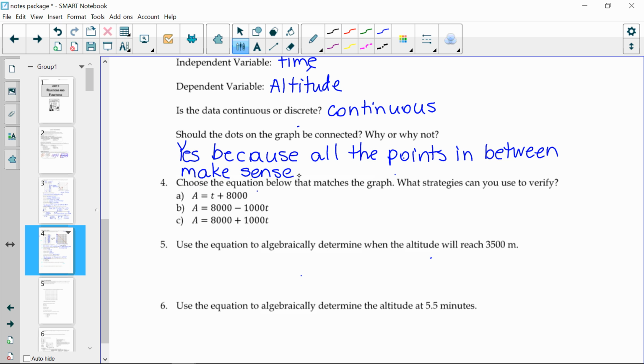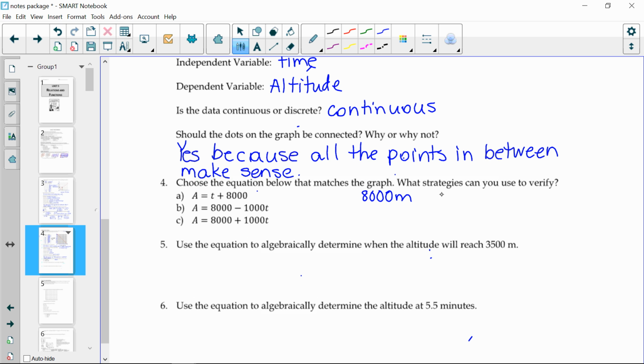Okay, choose the equation below that matches the graph. What strategies can you use to verify? Okay, so what you're going to do, same idea as before. We're going to choose an equation, okay? Now we got to think about what is happening. We are starting our descent at 8,000 meters.